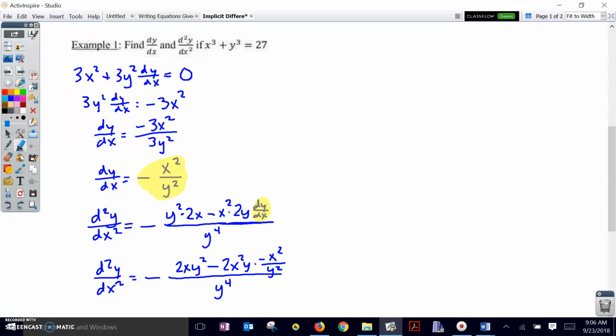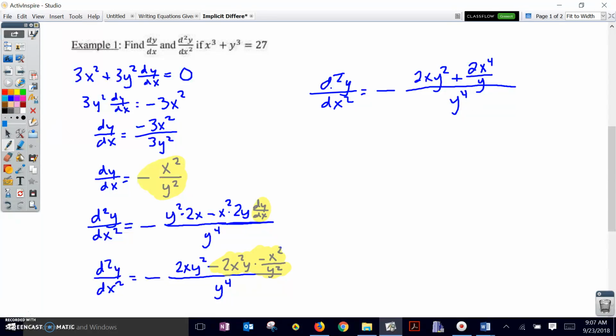And now I want to simplify this piece of my numerator, and I'm going to go ahead and do that. We've got d squared y/dx squared equals the opposite of 2xy squared plus 2x to the fourth over y. All that's over y to the fourth. Now I do not want a fraction inside of a fraction here.